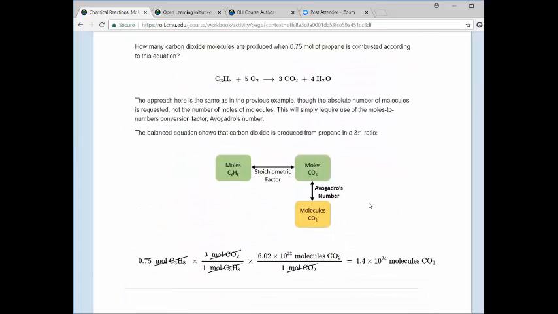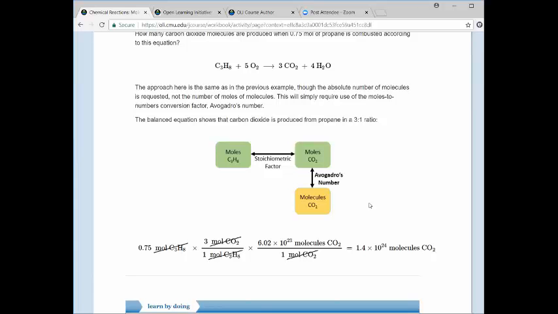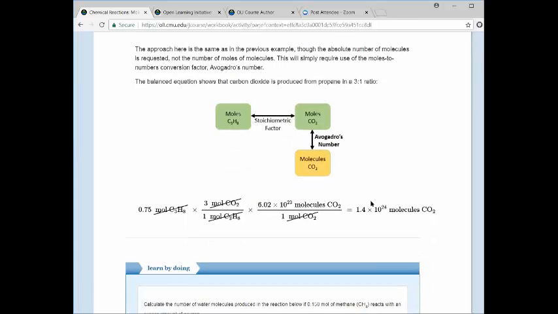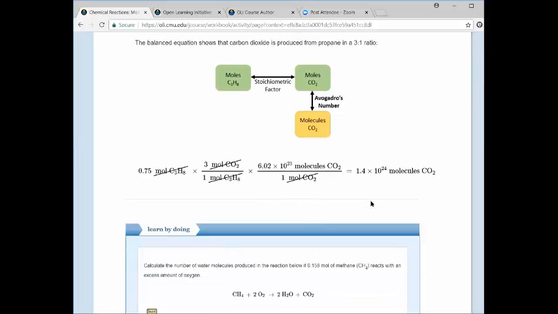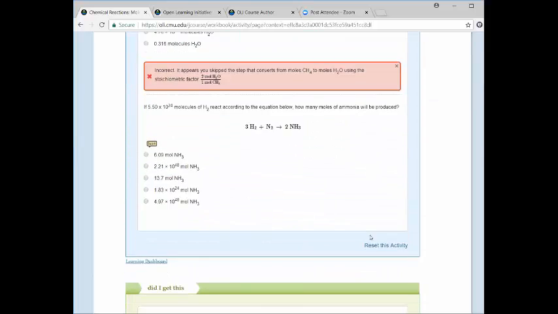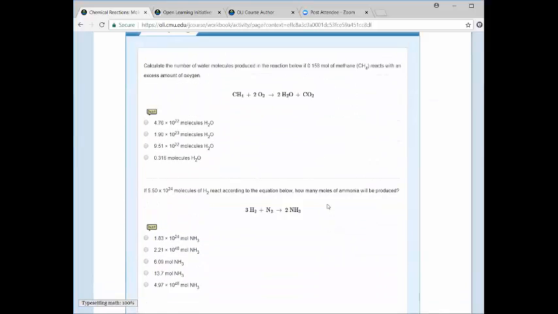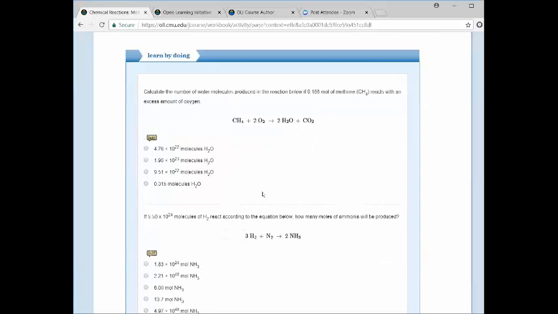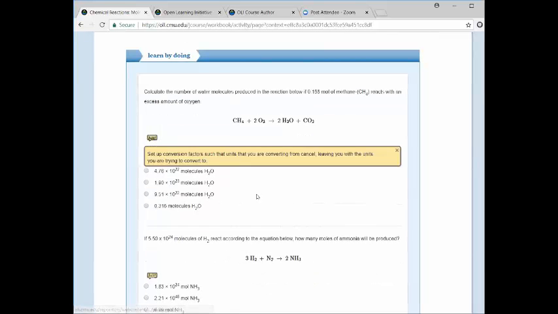So there's a second example there, getting into a little bit more complex problems, pulling in particles, molecules, atoms. Again, we have the learn by doing activity with hints. I did want to point out as well, when the activities are multiple choice, the choices are based on some common errors.